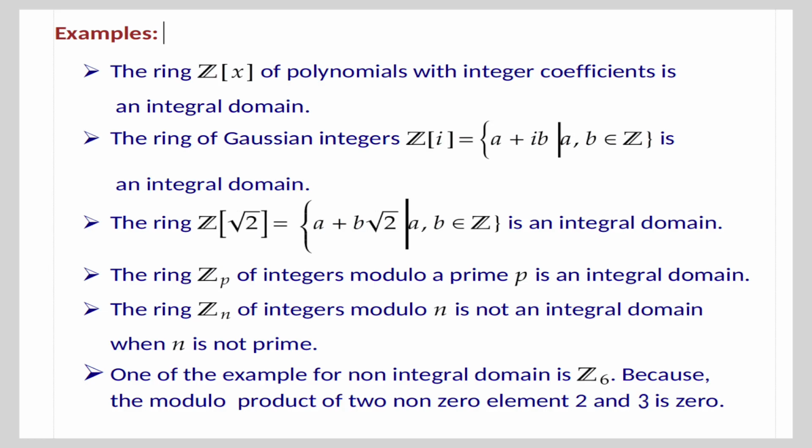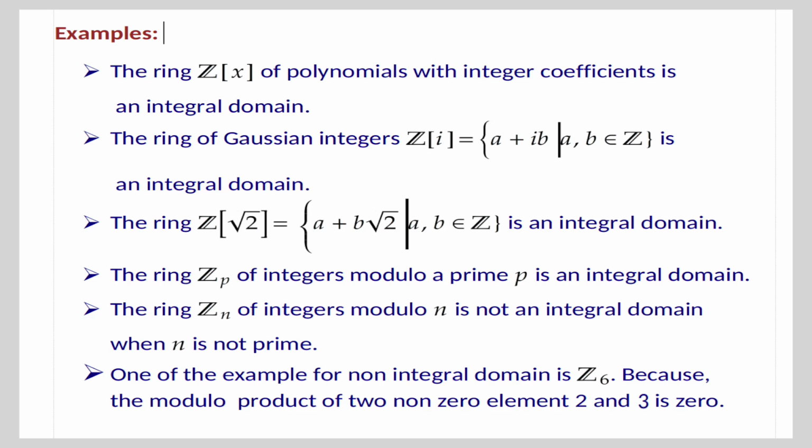Examples of integral domains: the ring Z[x] of polynomials with integer coefficients is an integral domain. The ring of Gaussian integers Z[i] = {a + ib such that a, b belong to Z} is an integral domain. The ring Z[√2] = {a + b√2 such that a, b belong to Z} is an integral domain.